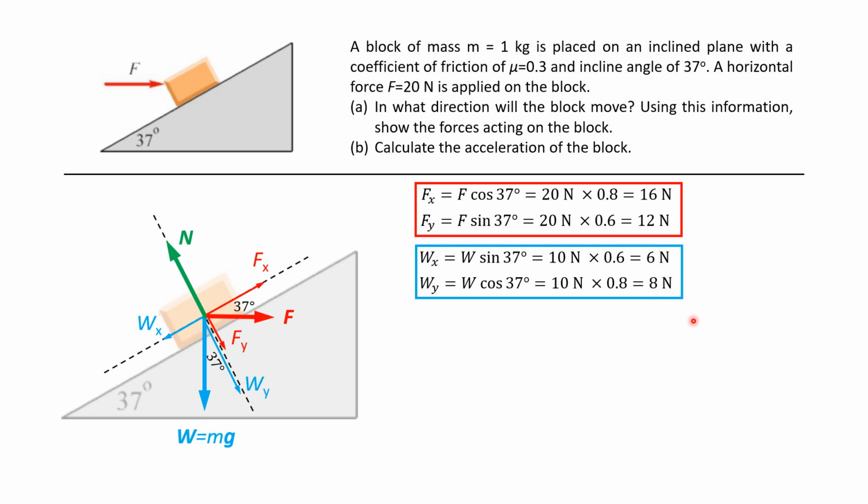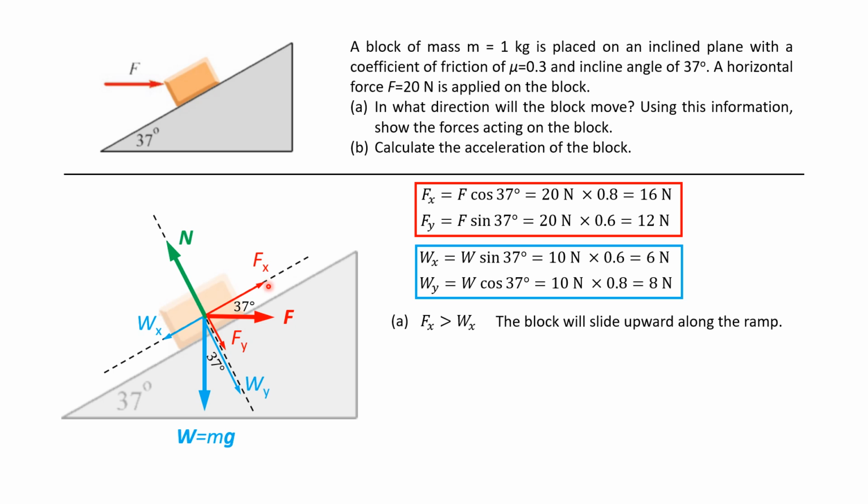Now comes the important point. We note right away F sub x is bigger than W sub x, and along the x-axis there are only two forces. If F sub x is greater than W sub x, the block will be moving up along the incline. So this force dominates.